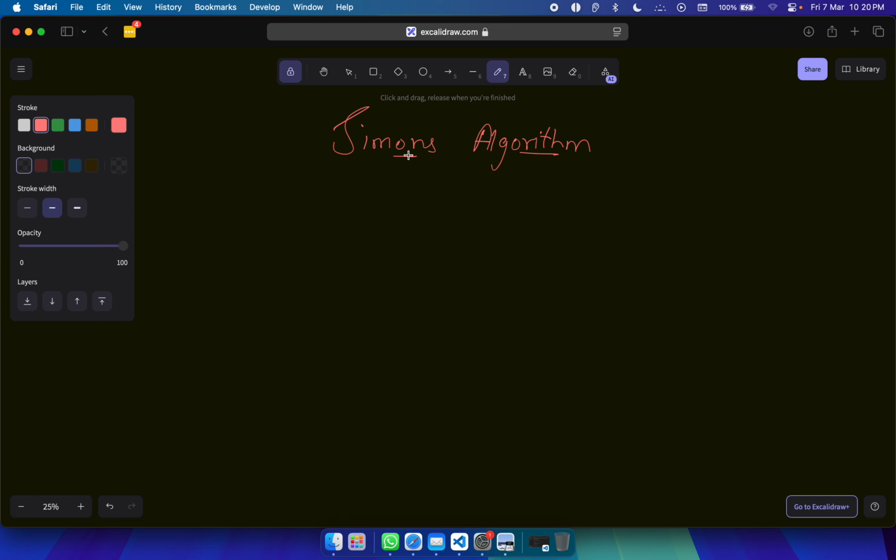So now let's say you have 1,000 qubits, then it would scale exponentially, right? But if you do it through Simon's algorithm, then you'd only have to calculate the 100 qubits. That is much easier.